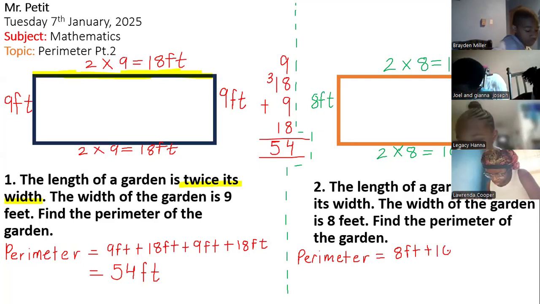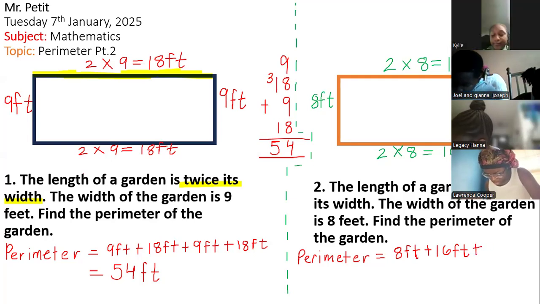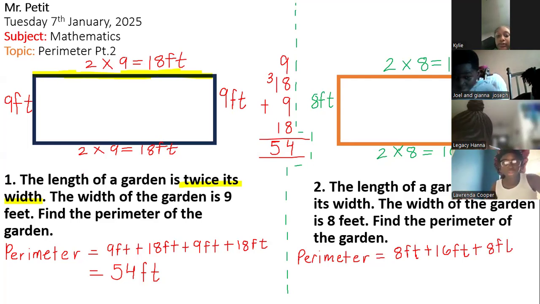We got 48. That's 16 feet plus 8 feet. I got 48 feet. You got 48. Okay, so another person got 48.